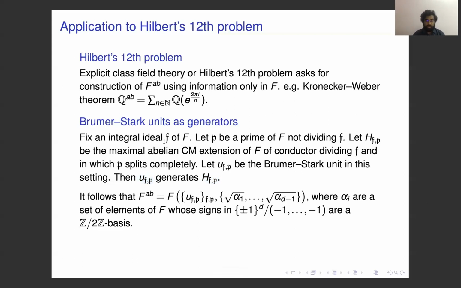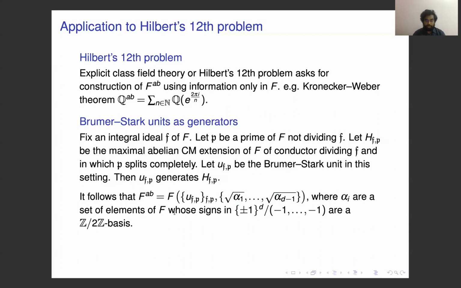As I vary my integral ideal f and as I vary my prime P over all but finitely many primes of F, so that everything is unconditional, I don't quite get the maximal abelian extension of F. I get the maximal abelian CM extension of F, and then I have to adjoin some square roots of some numbers in F.